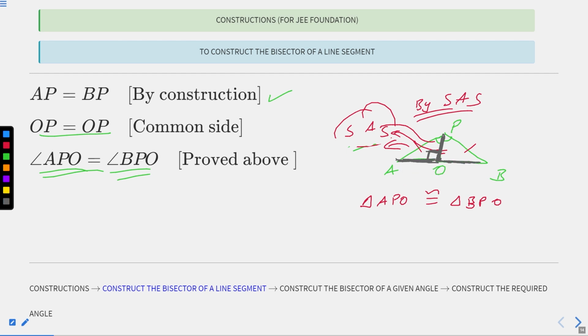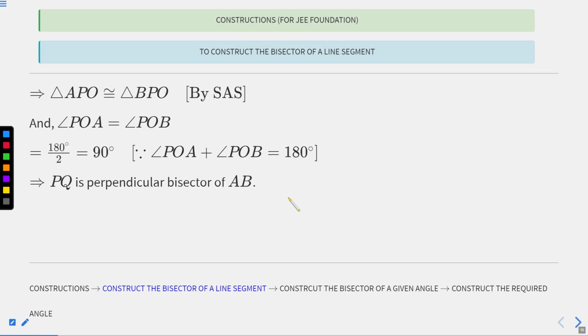Now this angle is also equal to this, and we know this whole angle is equal to 180 degrees. So the sum must be 180 degrees, and half of the sum is equal to this single angle. Okay, I hope the proof is clear, and also AO is equal to OB in length. So our proof is done. I hope the proof is clear to everyone.